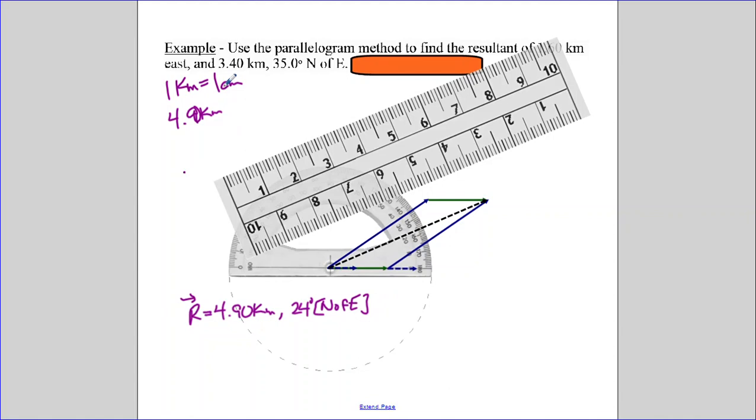Okay, now I can check that and see how close I am based on my accuracy, based on measuring it, and it looks like 4.8 and 24 degrees north of east, so really, really close. Okay, and again, just being careful with your measurements and making sure that you're able to measure this as accurately as possible. Okay, so parallelogram method, just a matter of using a ruler and a protractor.